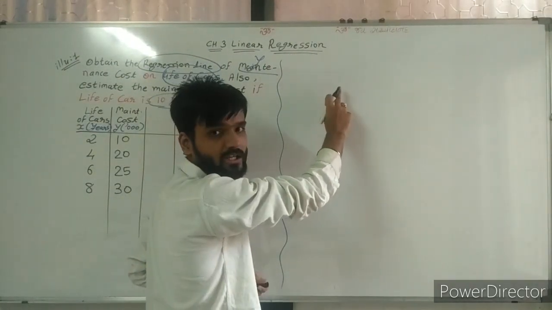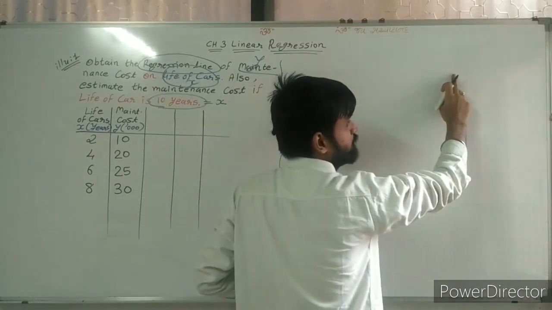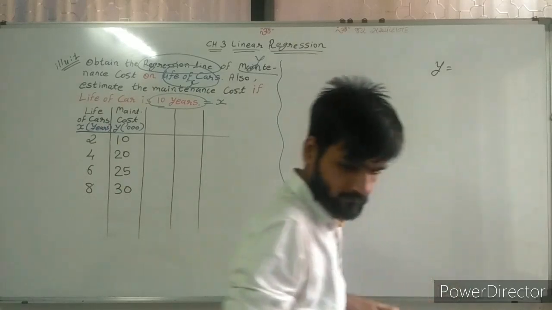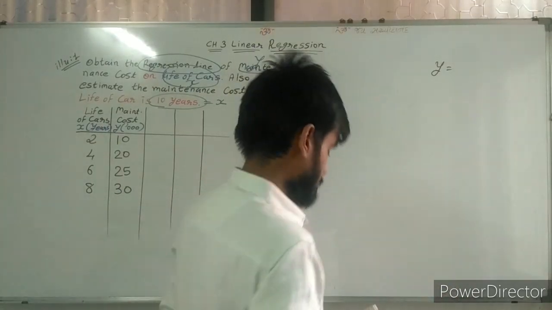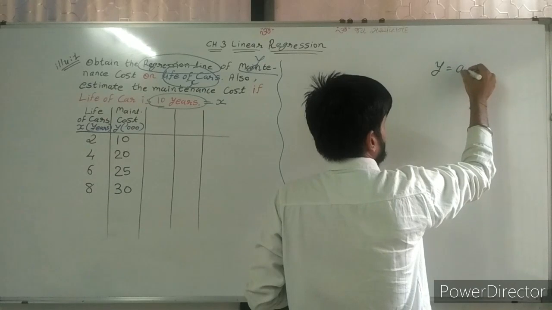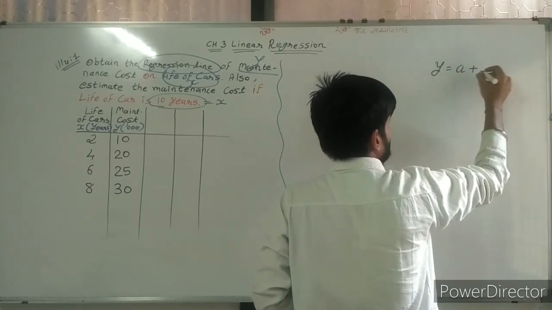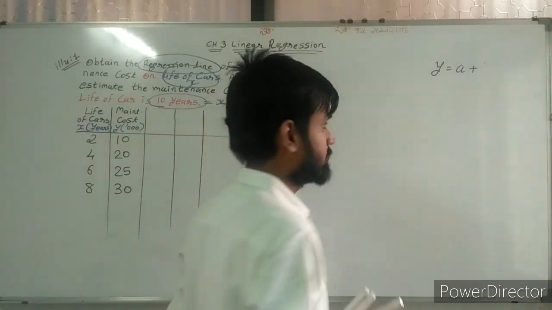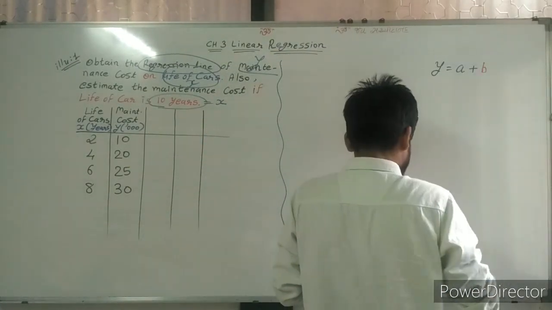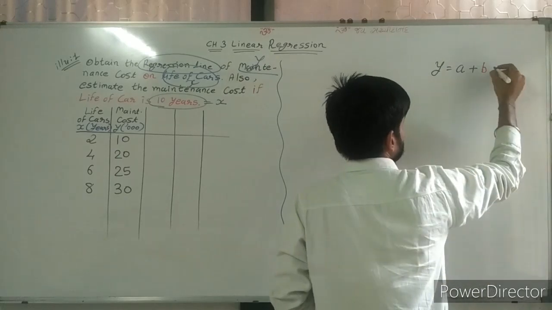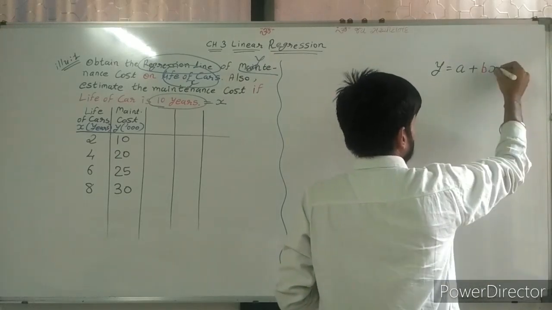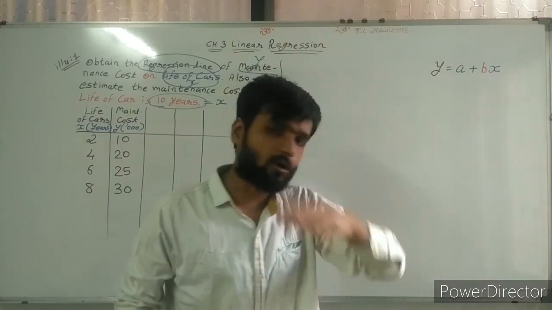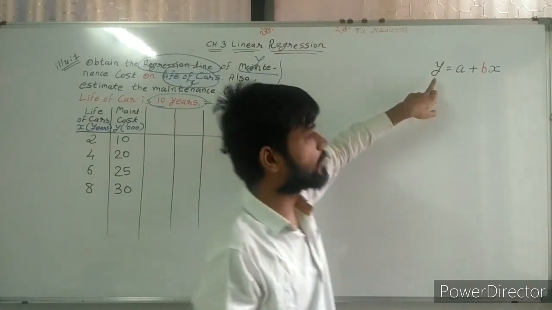First of all, I am writing here the Y on X regression line, which I need: Y is equal to a plus b x. Because in the last lecture we have already seen the regression line.